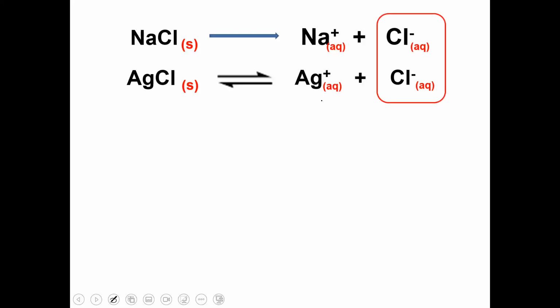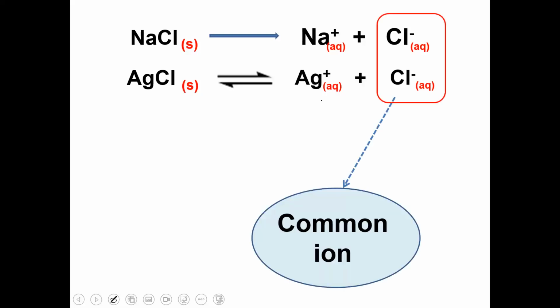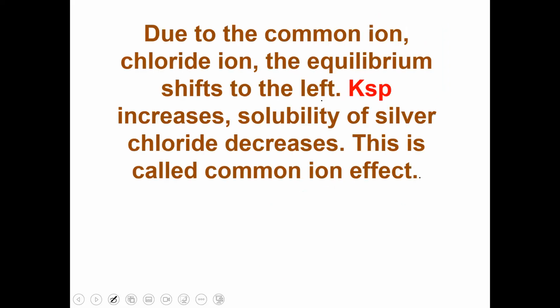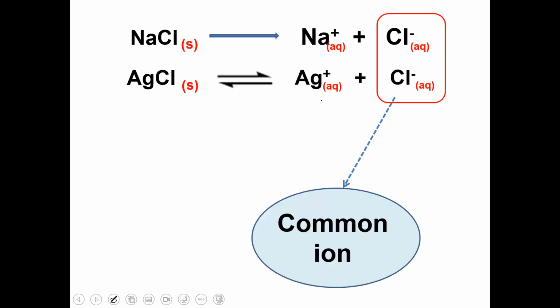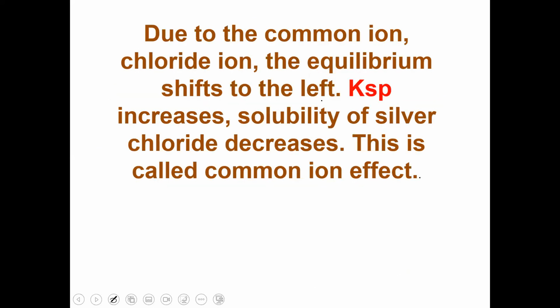Now, this is called the common ion. Being a common ion, it can shift the equilibrium of the second reaction to the left. The equilibrium shifts to the left, so the solubility of silver chloride decreases. In that sense, silver chloride will eventually precipitate.